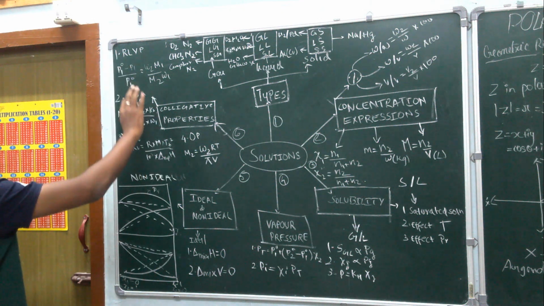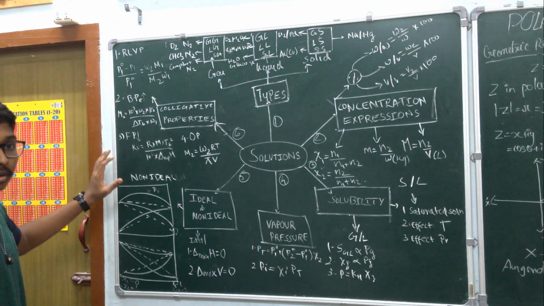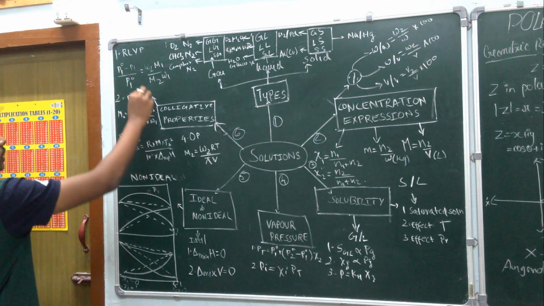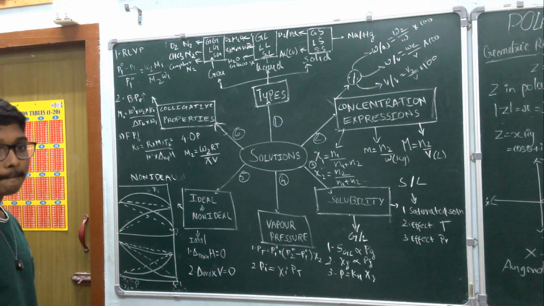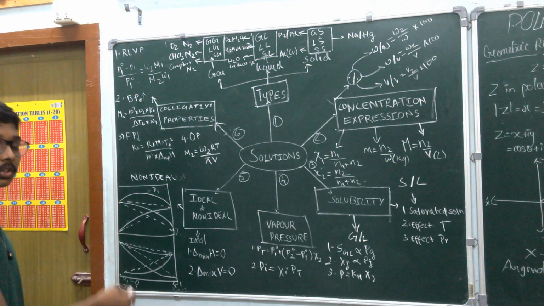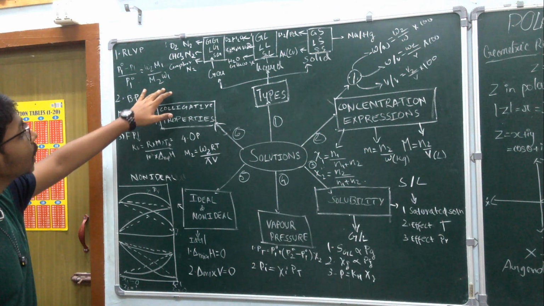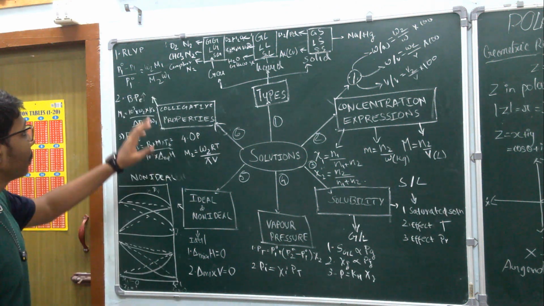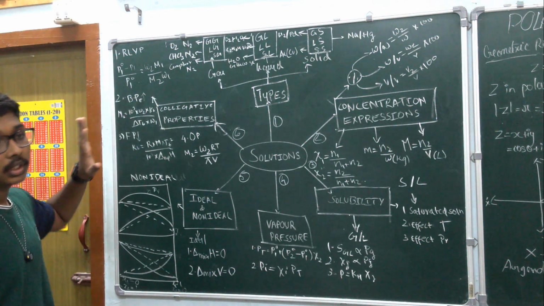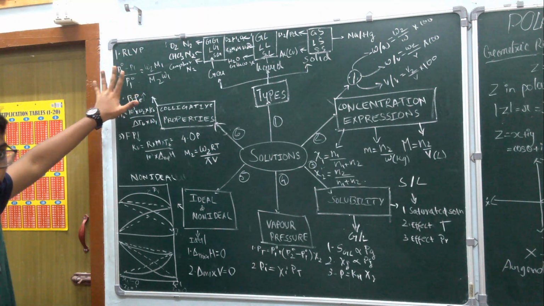This is represented as P1 naught minus P1 by P1 naught. P1 naught represents the vapor pressure of the pure solvent, and P1 is the vapor pressure of the solvent in solution. This is equal to the weight of solute into mass of solvent by mass of solute into weight of solvent. This represents the relative lowering of vapor pressure.